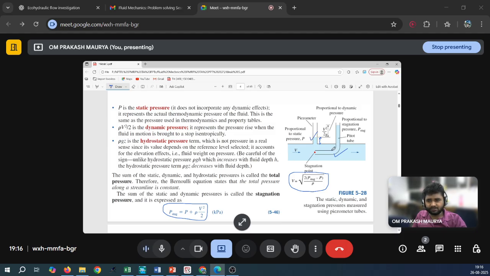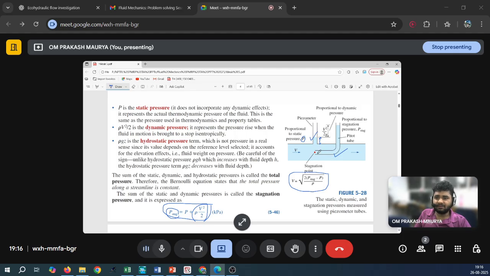Based on this concept we can calculate the stagnation pressure. From the piezometer we calculate the static pressure, using the pitot tube we calculate the stagnation pressure, and from the correlation here we can calculate the velocity.